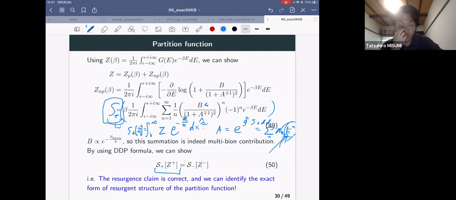Now he gave some more comments. The spectrum considers functions, the partition function, which has a natural boundary.